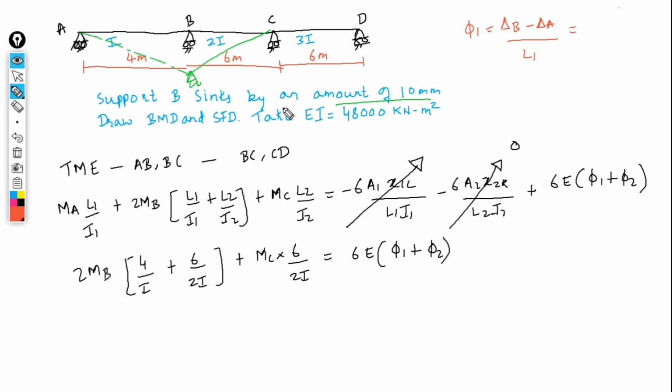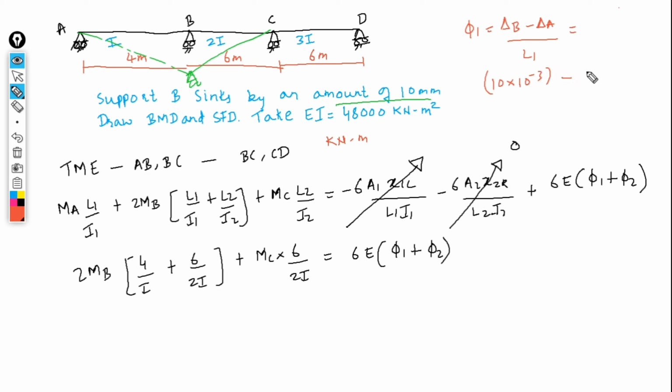Here delta B is sinking and no other supports are sinking, so delta A, delta C, delta D are all equal to 0 except delta B. Everything is in kilonewton meter, and the sinking of the support is given in mm, so we have to convert mm into meter. Delta B is 10 mm, which is 10 into 10 to the power minus 3.